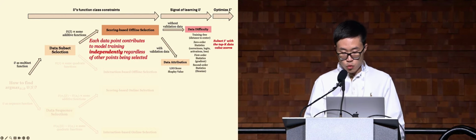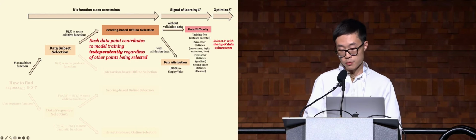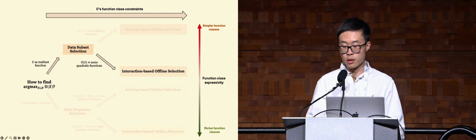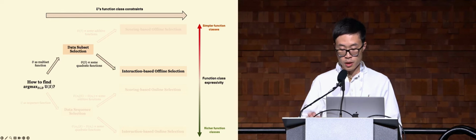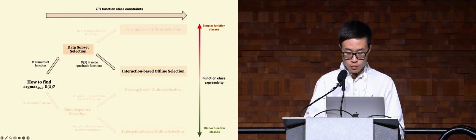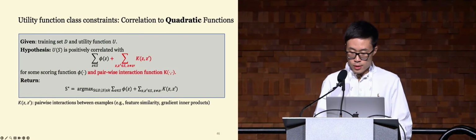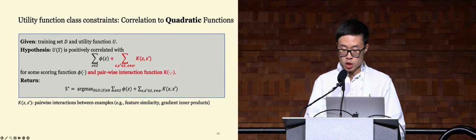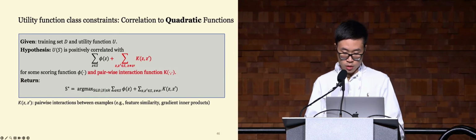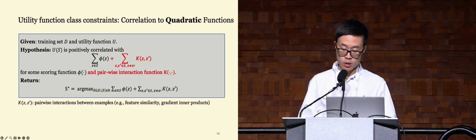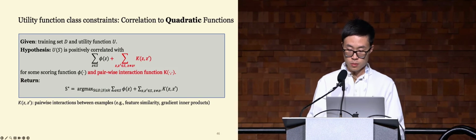After we obtain the corresponding scores for each data point, as we mentioned earlier, the optimization of this linear surrogate of the utility function is very simple: we can just pick the data points with the top K value scores. Those scoring-based methods assume that each data point contributes to the model training independently, regardless of which other data points are also selected.